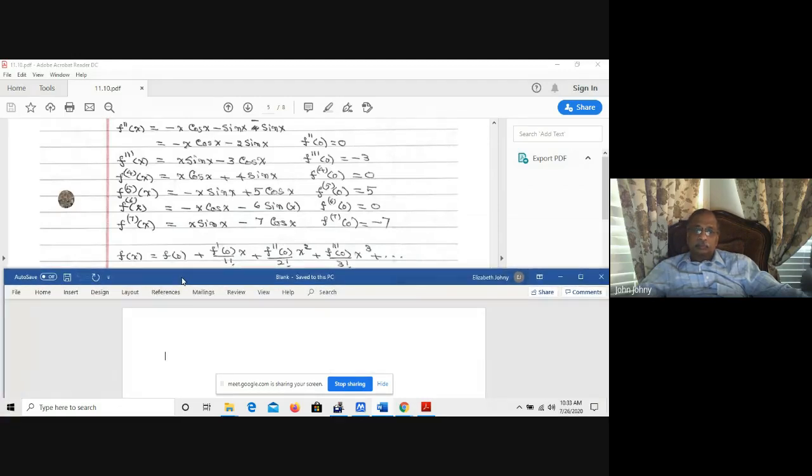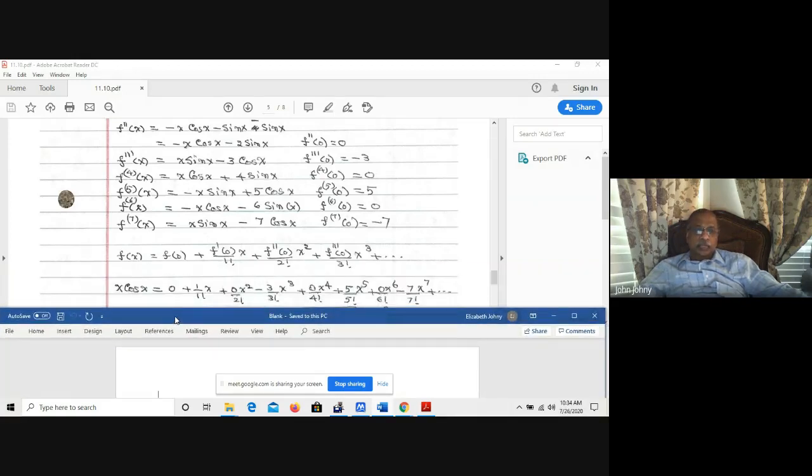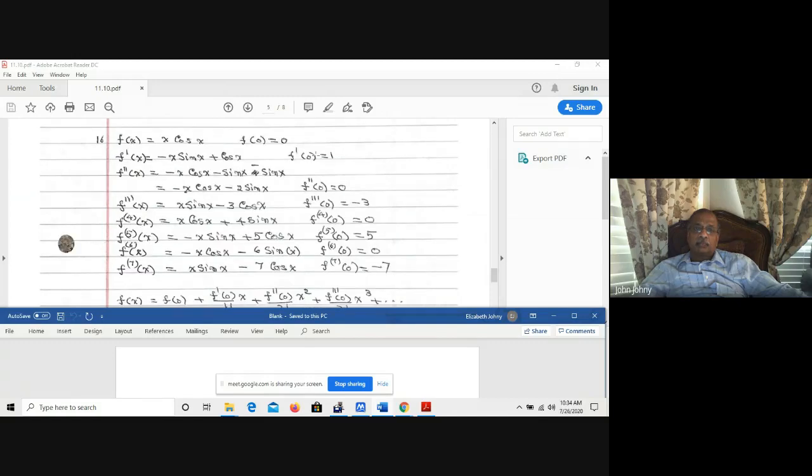So you use the formula. This is the Maclaurin series. f(x) is equal to f(0) plus f prime 0 over 1 factorial times x plus f double prime 0 over 2 factorial times x squared plus f triple prime 0 over 3 factorial times x cubed plus etc. So for x cos x, first term is 0, second term is f prime 0, which is 1.